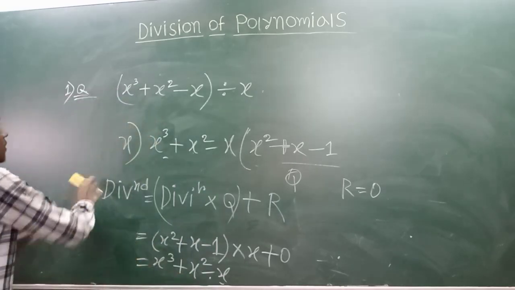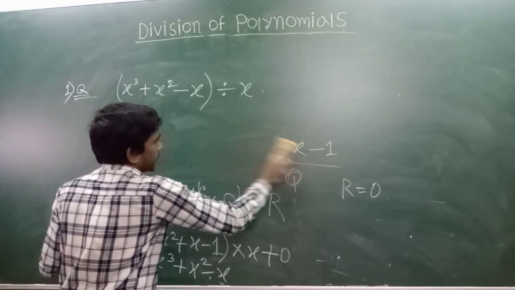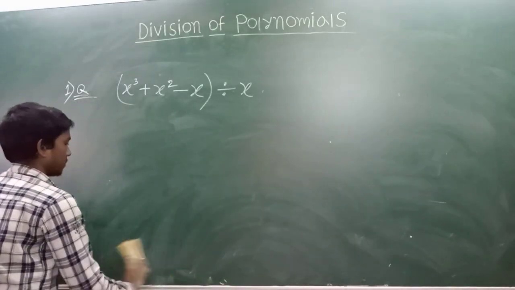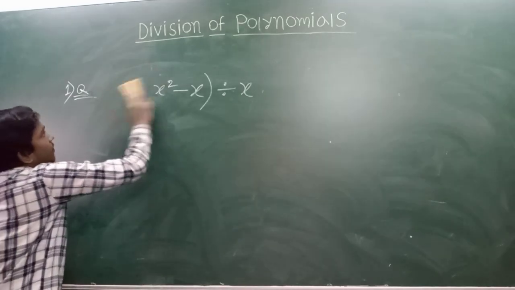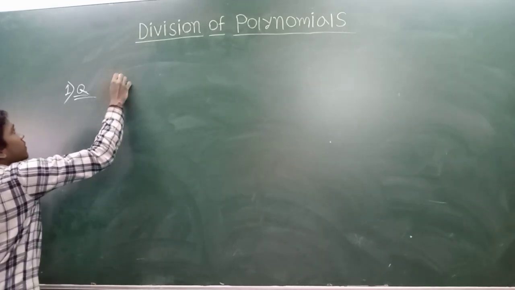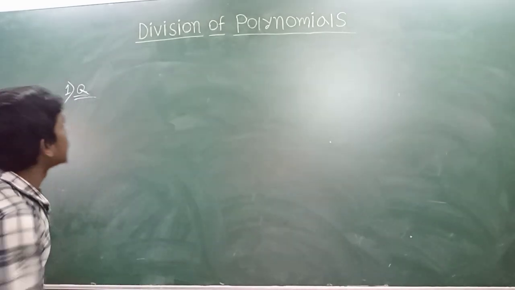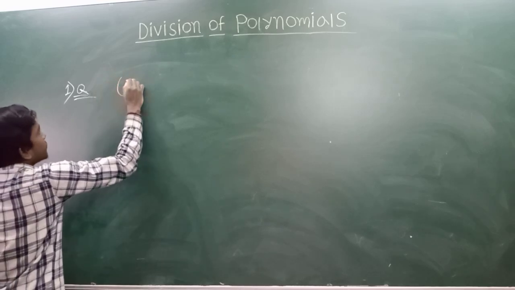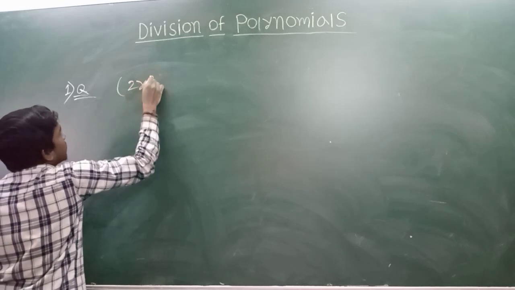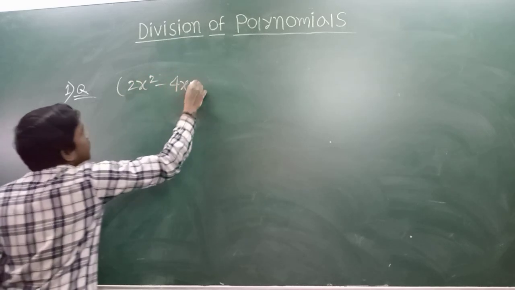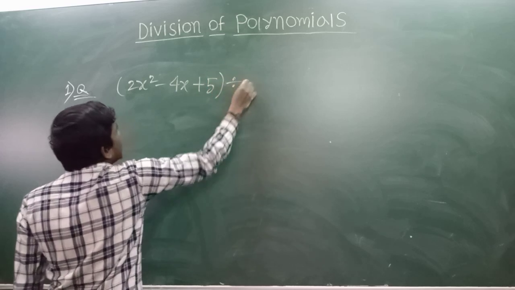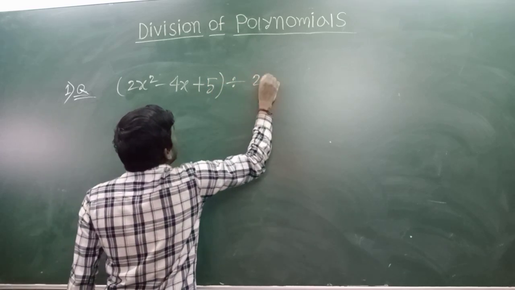Okay students, let's take another example. Say 2x squared minus 4x plus 5, divide this by 2x.